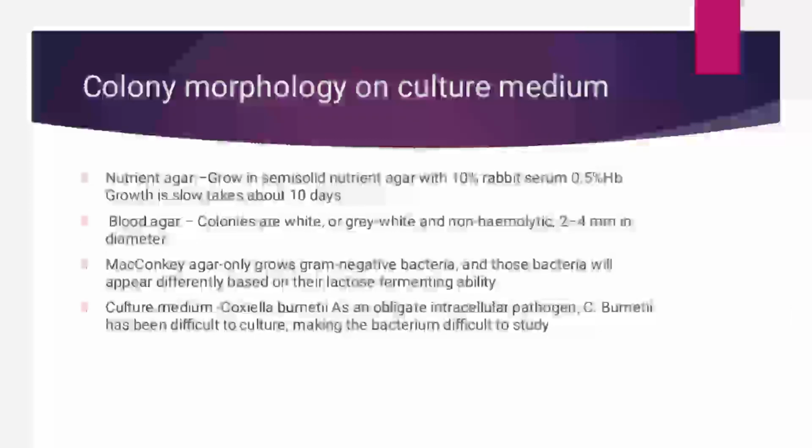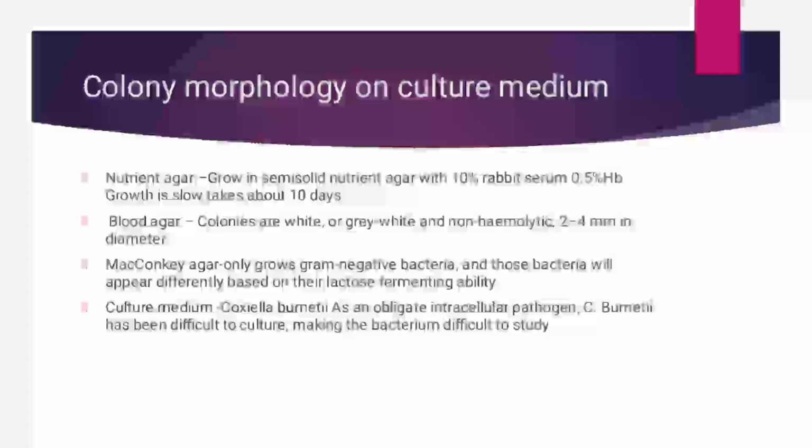Colony morphology on culture medium: nutrient agar. It grows in semi-solid nutrient agar with 10% rabbit serum. Growth is slow, taking about 10 days. On blood agar, colonies are white or grey-white, non-hemolytic, 2 to 4 millimeters in diameter.